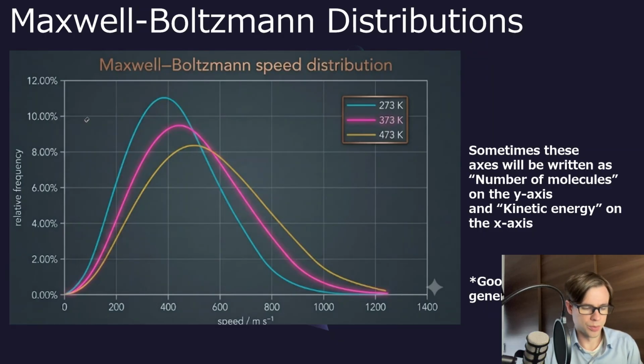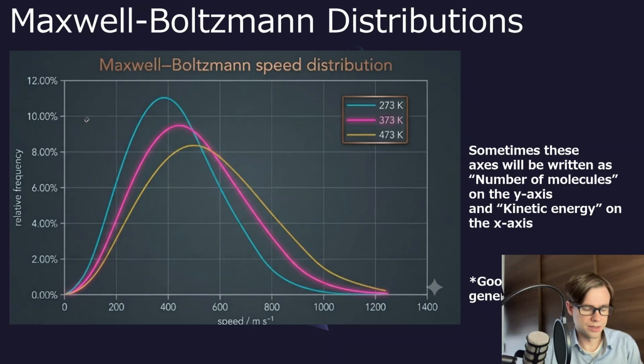All right. Important point, sometimes these axes will have slightly different labels. You might have number of molecules on the y-axis, but that is essentially the same thing as relative frequency. Instead of percentages, though, you just have the actual number of molecules. So in that case, the area under each curve represents the total number of molecules in your sample, and it should stay constant.